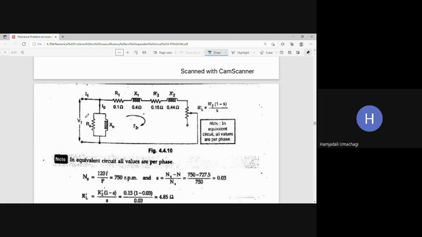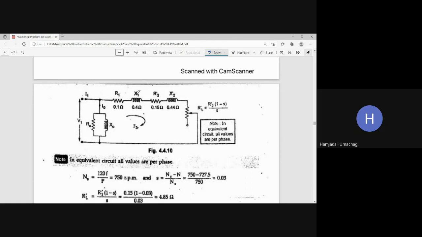and this is the magnetizing branch, and this is the input voltage, that is stator voltage V1, stator current I1, no load current I0, no load resistance R0, no load reactance X0. All these are related to the magnetizing branch. The rotor current during running condition referred to the stator side is I2 dash.